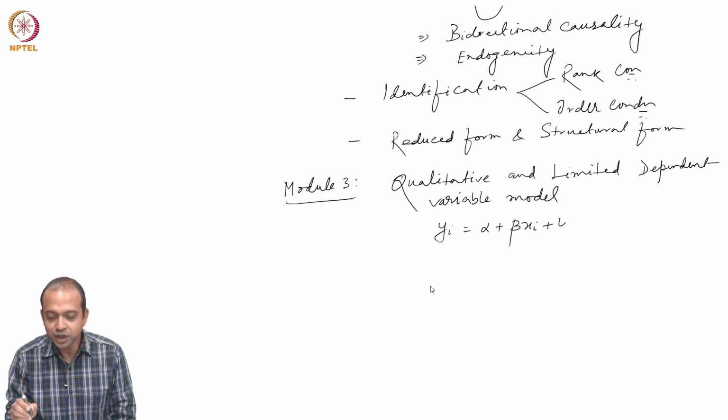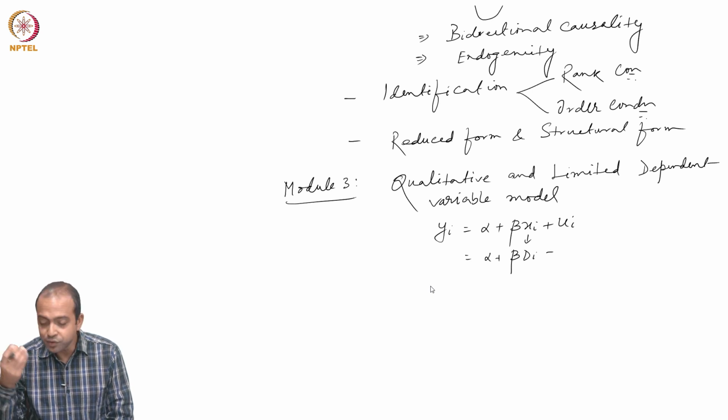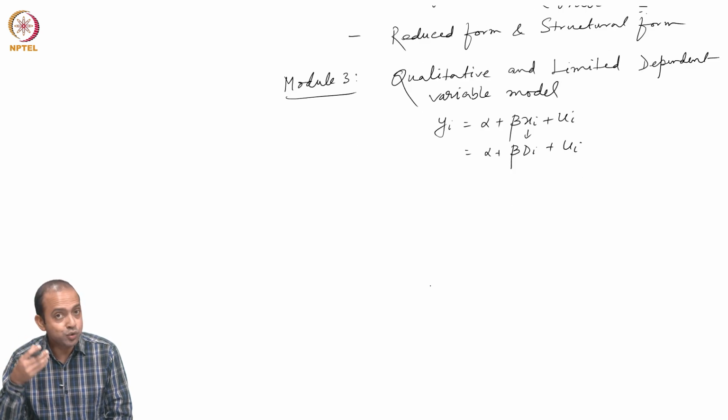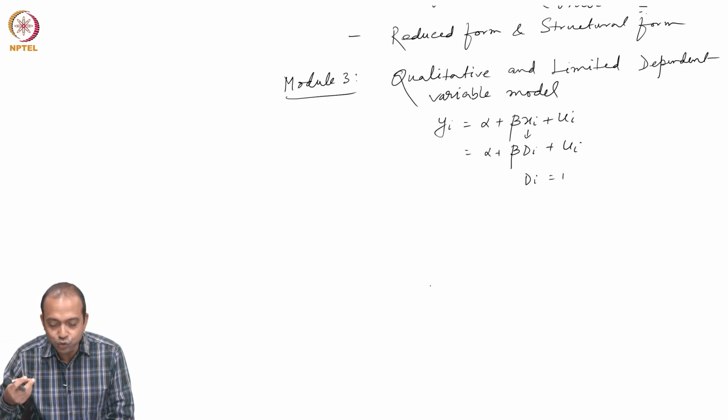That means we are assuming some of my explanatory variables can be qualitative in nature. Here it is gender, right? So, gender is qualitative information, and we cannot use gender to estimate, because I need some value for estimation purposes.